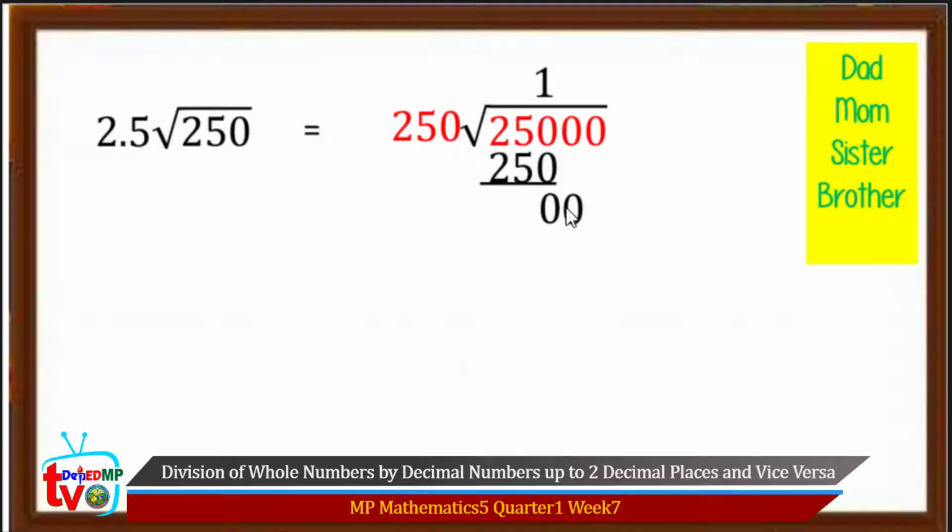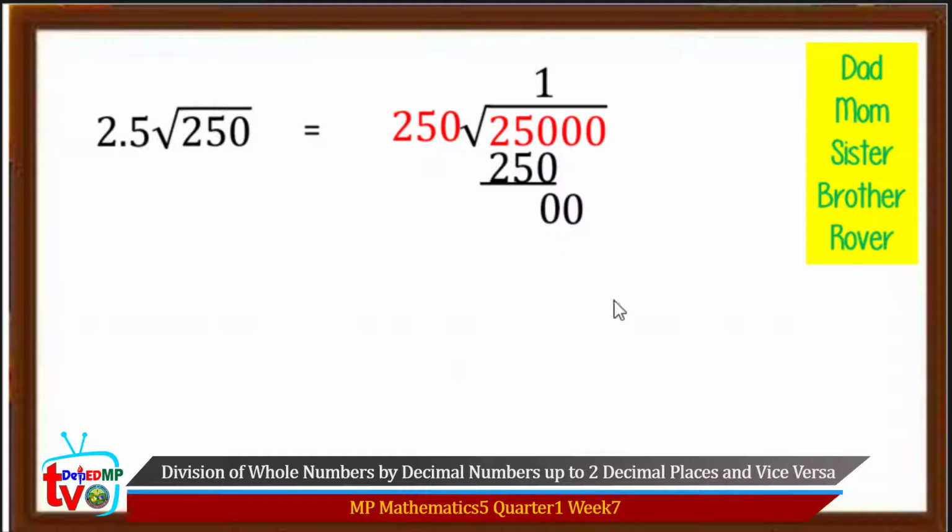And then, what's next? Rover, which means repeat. What are we going to repeat? Let us go back to dad, and then followed by mom, and then sister, brother, and rover again, until such time that there is no digit or number to be divided.